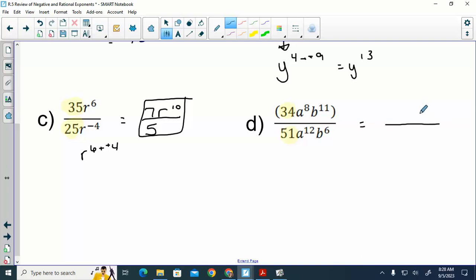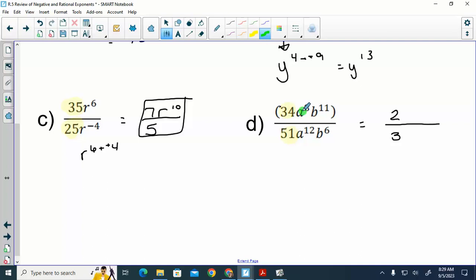What does it reduce to? Two-thirds. You divide them both by 17. 34 divided by 17 is 2. 51 divided by 17 is 3. So it's a 2/3.